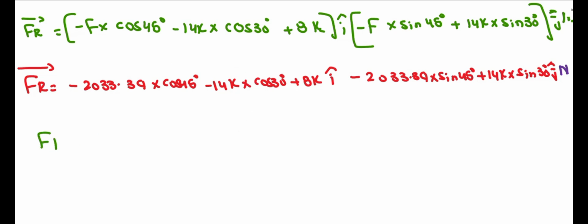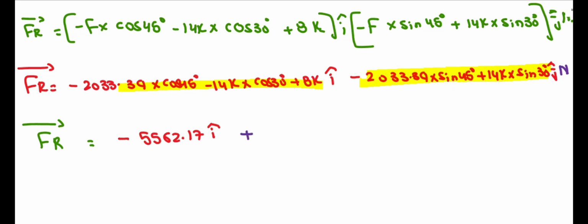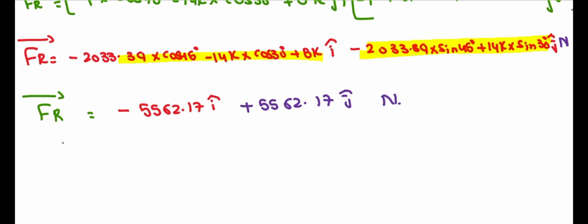So the vectorial form of Fr is nothing but the answer of this expression: it will become negative 5562.17 i cap, and similarly, the answer of the other expression will become positive 5562.17 j cap Newton. This is basically the vectorial form. Now what about its magnitude form?